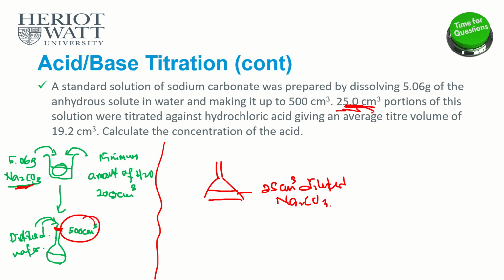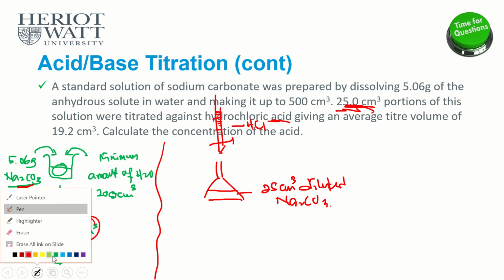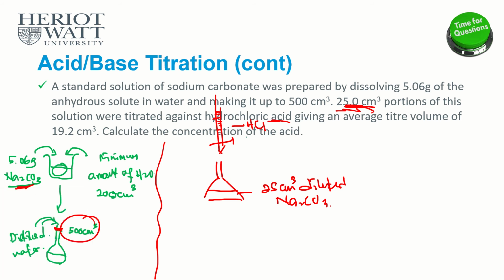So this is 25 in the conical flask now, and then we are going to titrate it with HCl, because they say hydrochloric acid, and giving an average titre volume. So the volume of HCl used is 19.2. After the titration, they found out that I need 19.2 cm cubed of HCl to neutralize all the sodium carbonate.